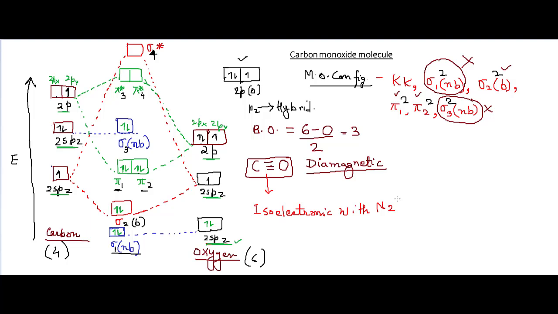Hope you understood how we are filling the electrons in the atomic as well as molecular orbitals in the case of carbon monoxide, and the bond order calculation also. So hope this is clear about the heteronuclear molecule, that is carbon monoxide, and hope it helps. Thank you.